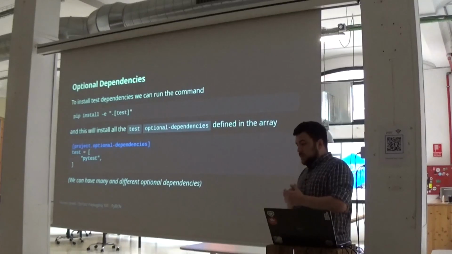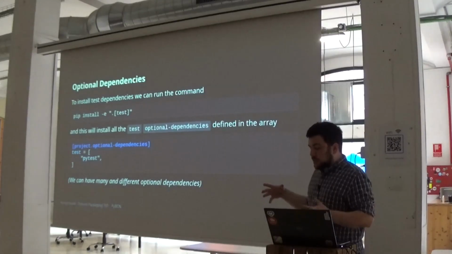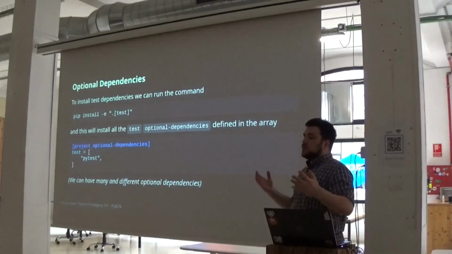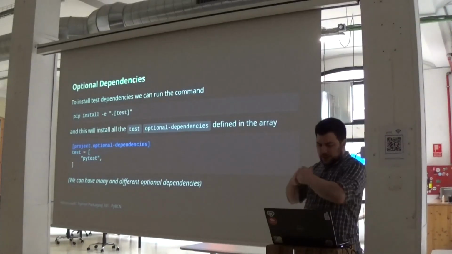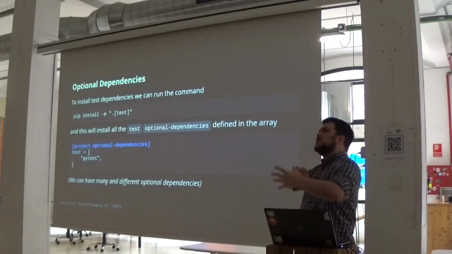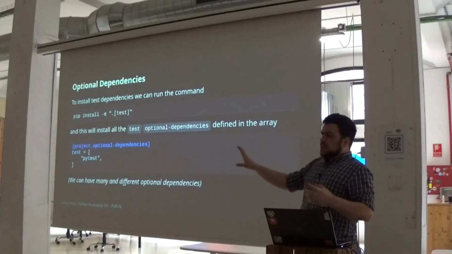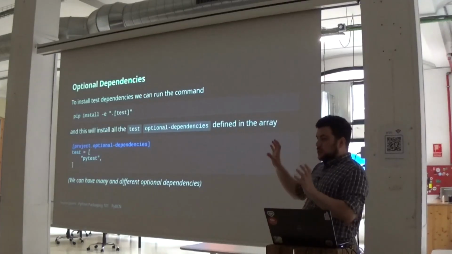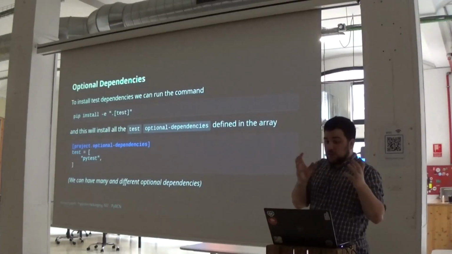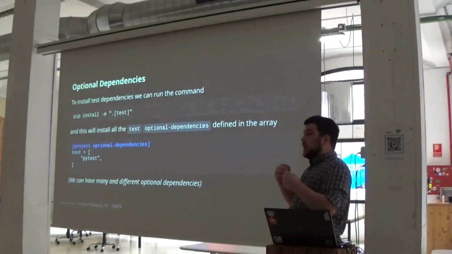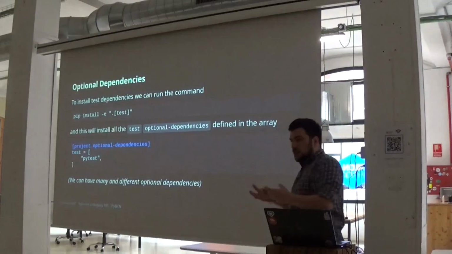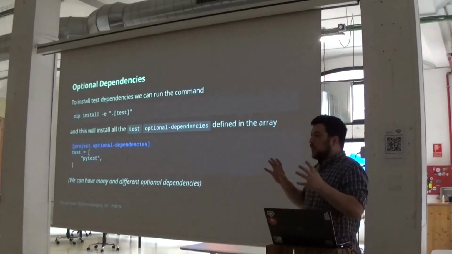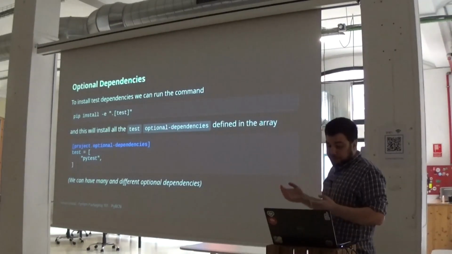For example, with Django, there are some libraries that do some hashing for the passwords, and Django ships with one specific one, and you can add better hashing for your application as an optional dependency.